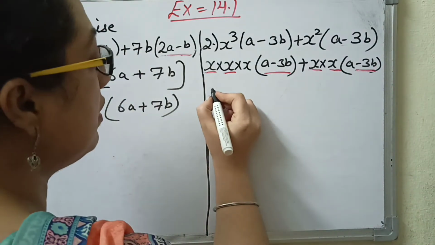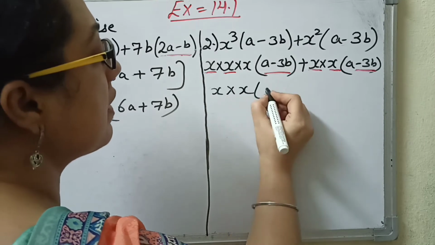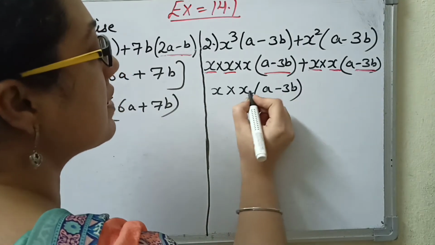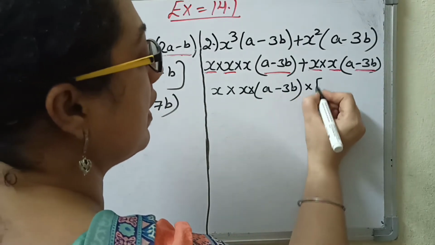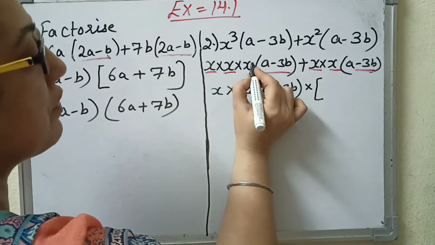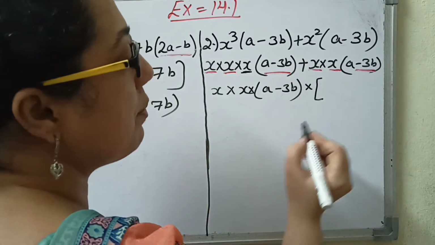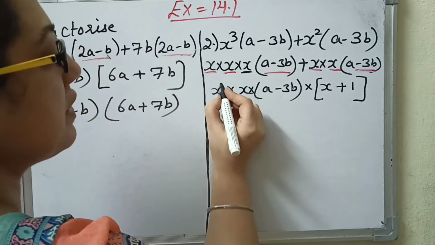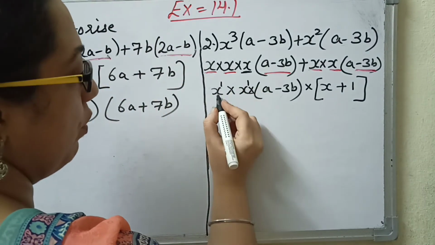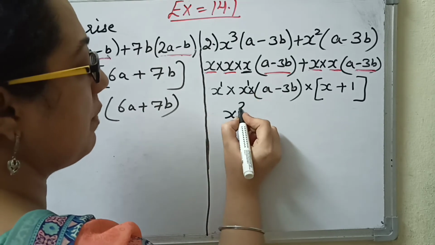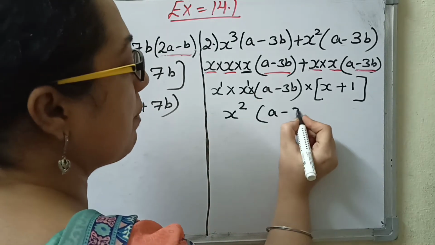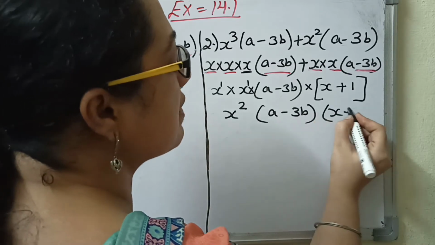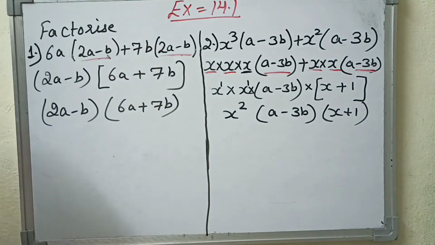Now write x into x into a minus 3b outside the bracket, and inside the bracket the term which is left is x. From the second term no term is left, so we write 1. So x into x, both with power 1, becomes x raised to power 2, into a minus 3b, into x plus 1, which is the factor form of the given algebraic expression.